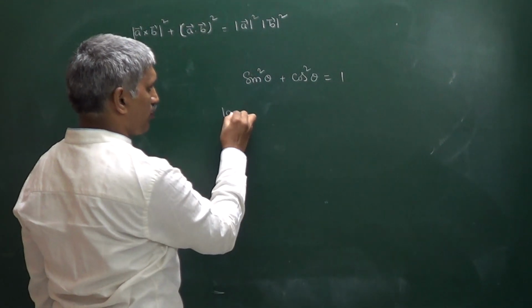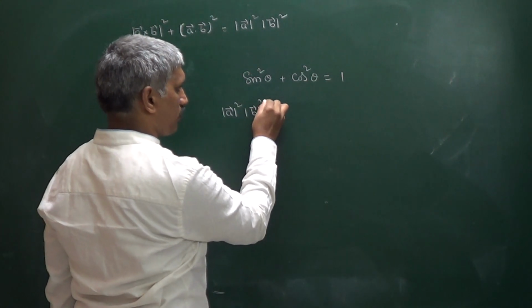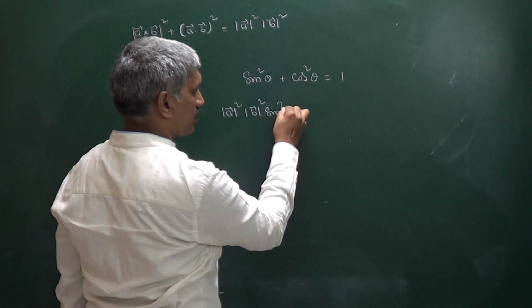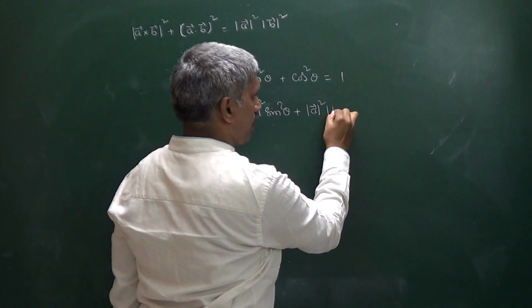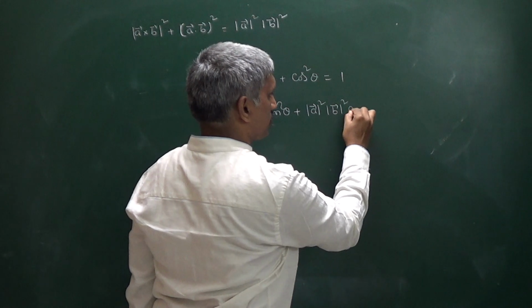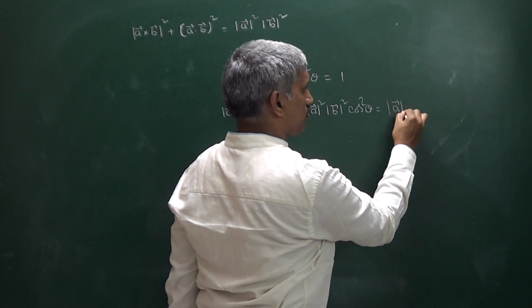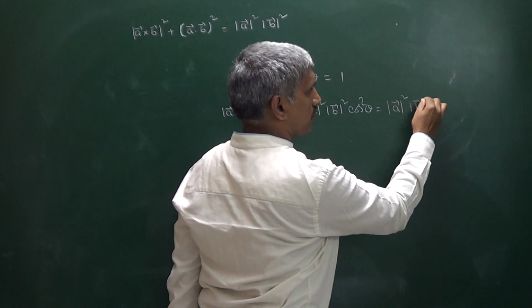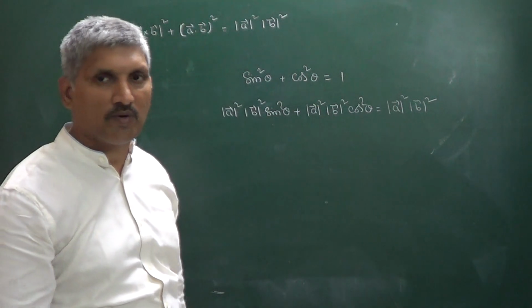Now here what I am doing is mod A bar whole square mod B bar whole square into sin square theta, and the next one is mod A bar whole square mod B bar whole square into cos square theta, is equal to mod A bar whole square into mod B bar whole square. Both sides we multiplied with mod A bar whole square into mod B bar whole square.